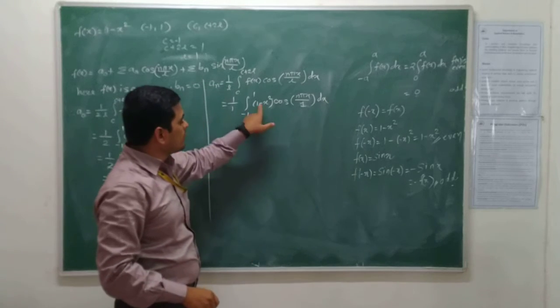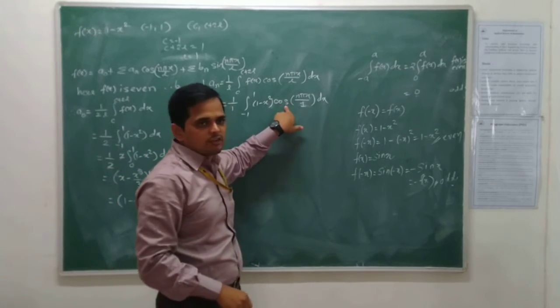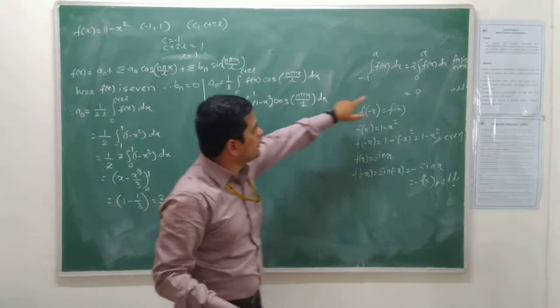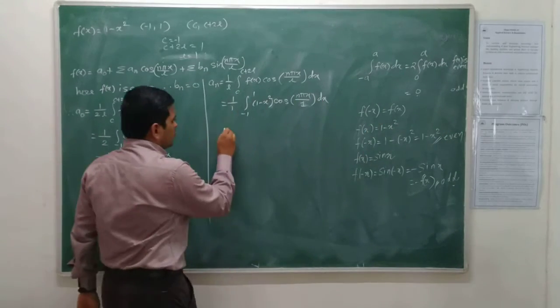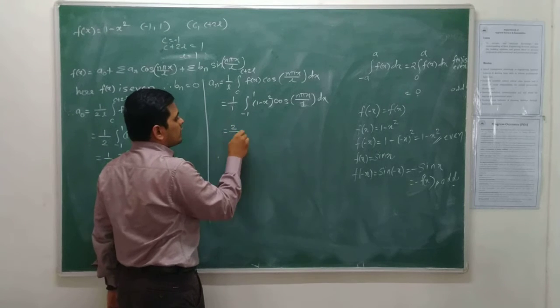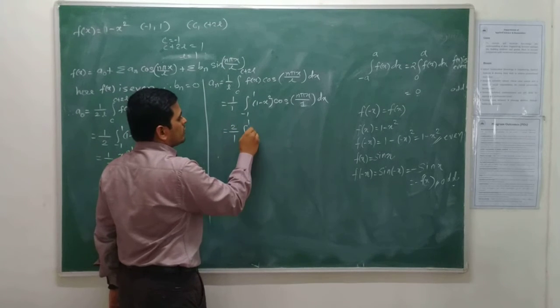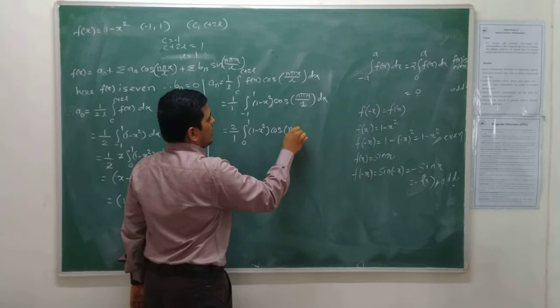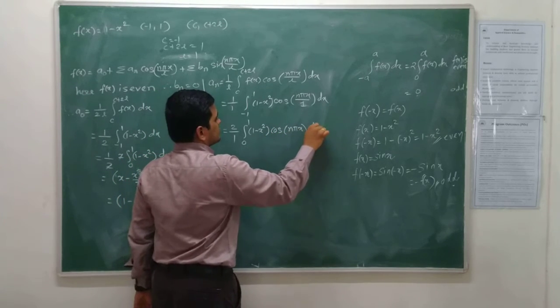As I told you, 1 minus x square is an even function, cos is an even function. Even function into even function becomes even. So again we apply the same property here. We get 2 upon 1 integration from 0 to 1 of 1 minus x square into cos of n pi x dx.